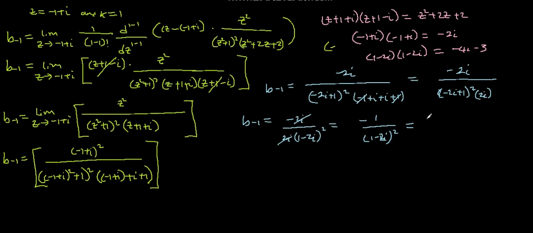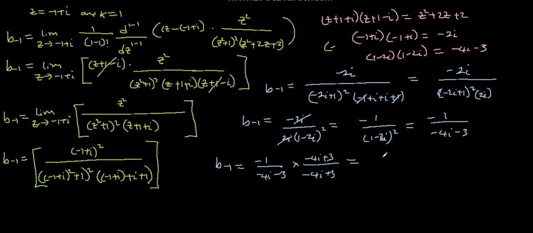So that means this is equal to minus 1 divided by minus 4i minus 3. The same process, you can rationalize the denominator. This is minus 1 all over minus 4i minus 3 times minus 4i plus 3 divided by minus 4i plus 3. And if we do this, your answer is going to be 3 minus 4i divided by 25.